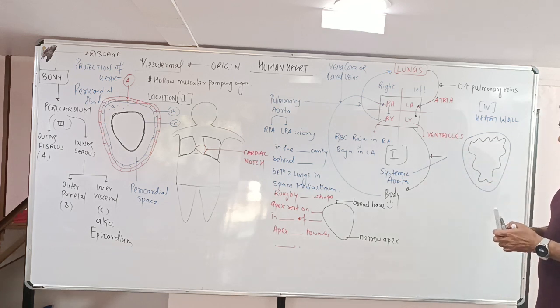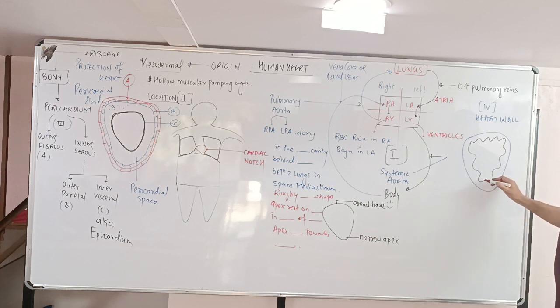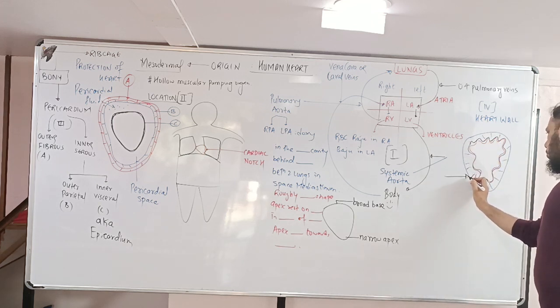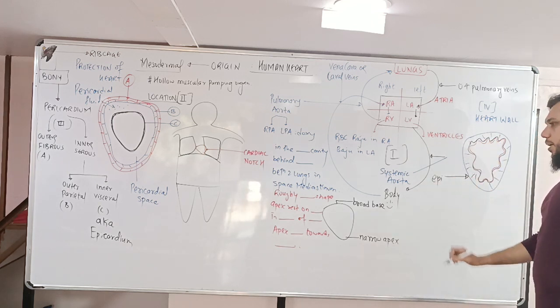What are the 3 layers of the heart wall? You remember the 3 layers of the heart wall? Give me yes or no. Yes. Which is the outermost layer? Epicardium, which I have shown in blue color. It is called the epicardium.